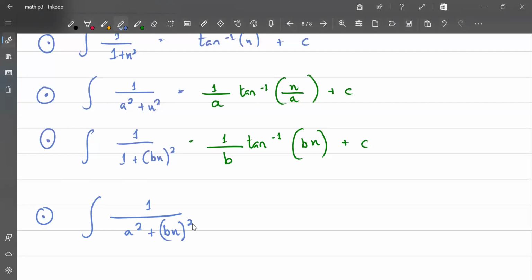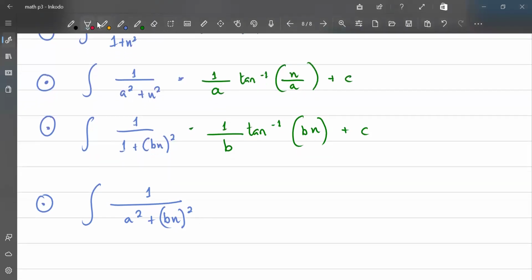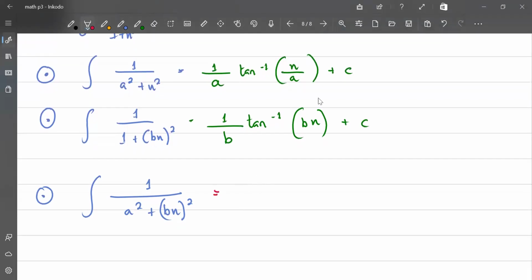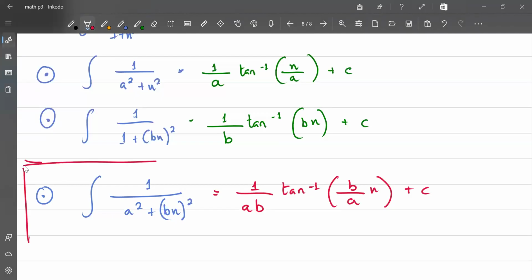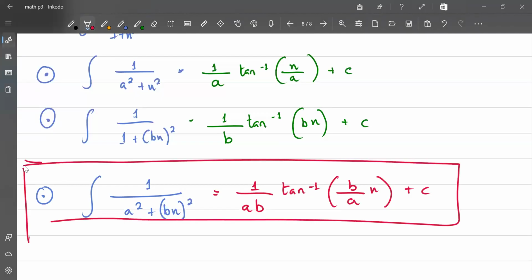So the standard formula which you need to learn is the integration would be 1 upon AB tan inverse B upon A x plus C. This is something you should remember.